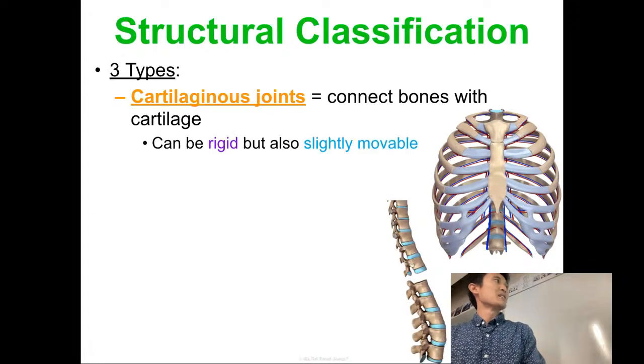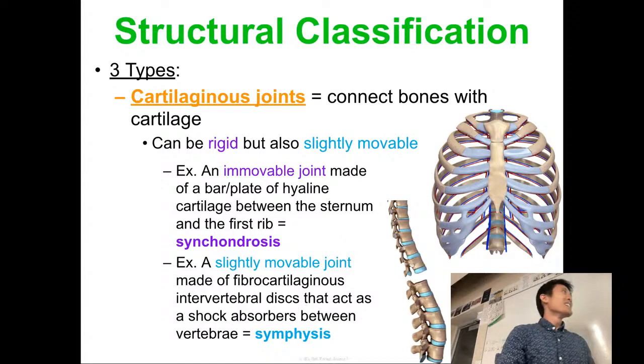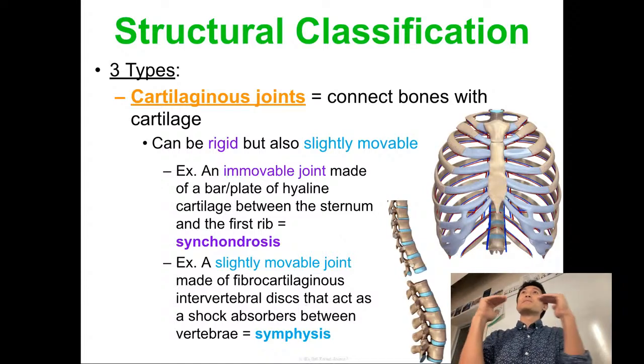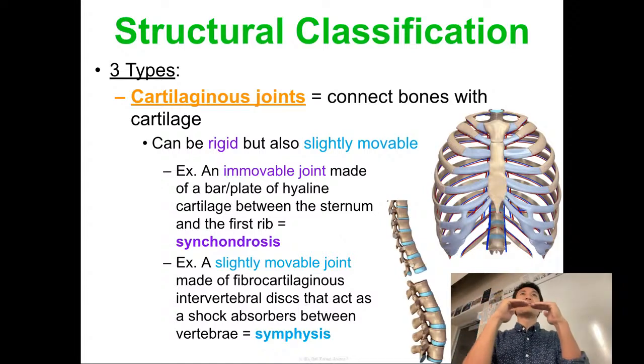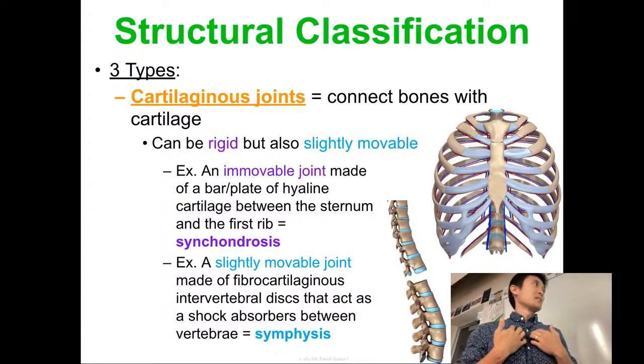Okay, the next one is cartilaginous joints because they're made out of cartilage. These guys are kind of like amphiarthroses. They sometimes move a little bit, but they shouldn't be moving too much. Your ribs, right? They're connected via cartilage.